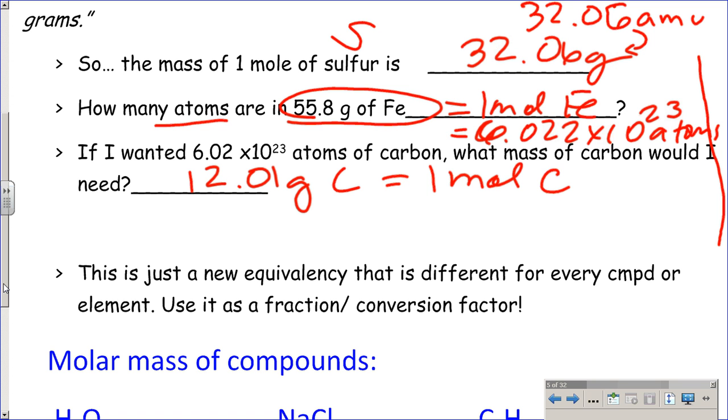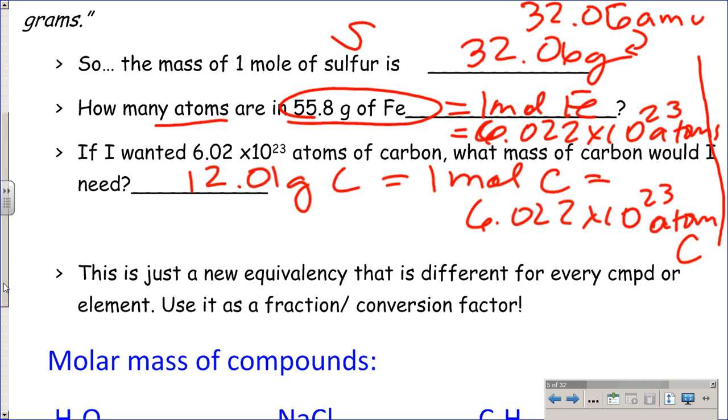And 1 mole of carbon is equivalent to 6.022 times 10 to the 23rd atoms of carbon. So all of these things are equivalent. It's always the mass of 1 mole of that element? Yes, that's what I'm saying. 1 mole is your key reference for moles, unless I tell you you're starting off with like 10 moles of something. That's when you get to write something other than 1 for moles.